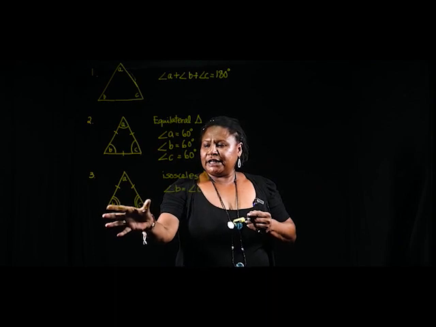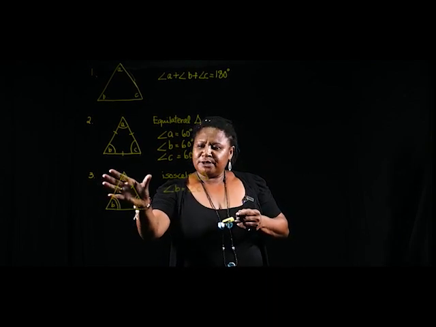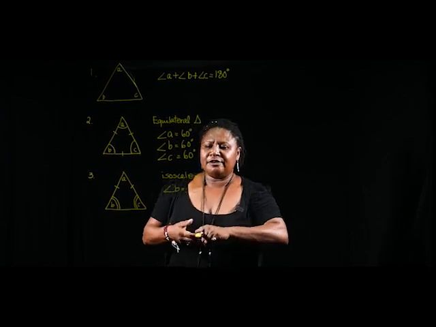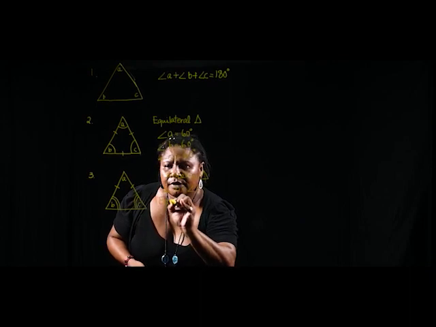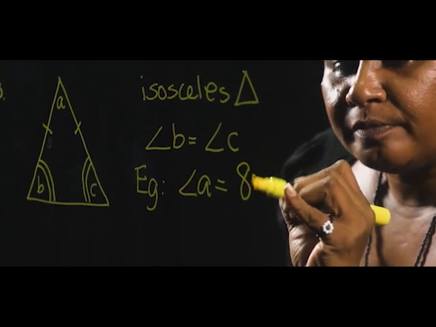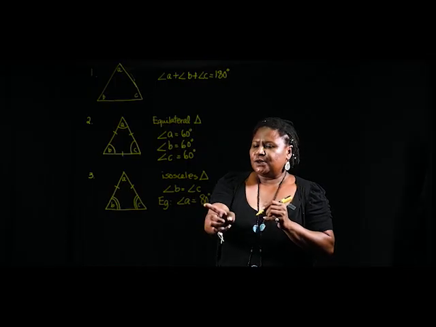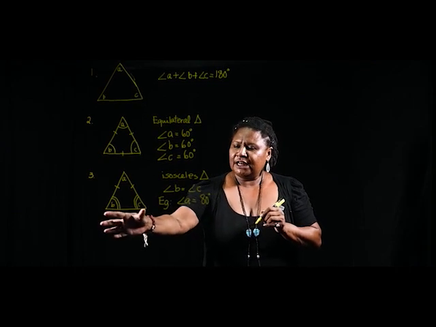Now let's have a look at an example that shows what we mean when we say two equal sides and two equal angles. Let's take, for instance, angle A is equal to 80 degrees. Okay, so if this is 80 degrees, these two angles are equal.